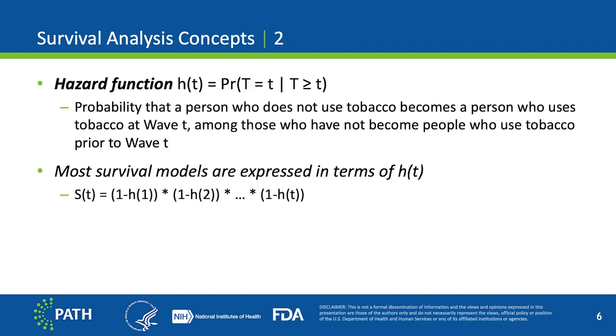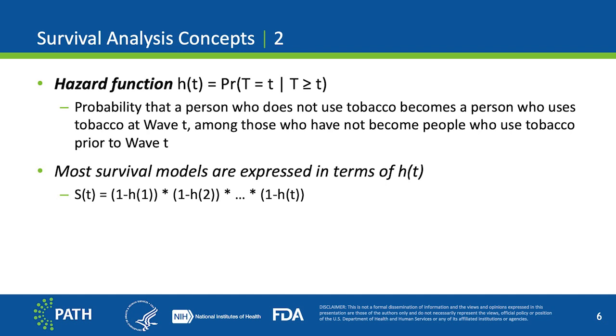The other one that's used is the hazard function, and this hazard function is a conditional probability. The conditional probability asks, given that we know that the random event time, capital T, is equal or bigger than little t, what's the probability that something happens at time t? The hazard function, h of t, is the probability that a person who does not use tobacco becomes a person who uses tobacco at wave t, among those who have not become people who use tobacco prior to wave t.